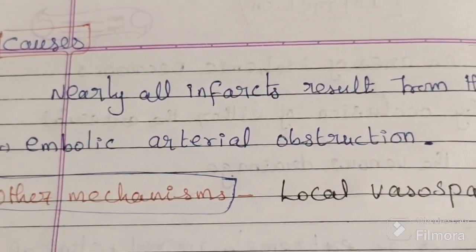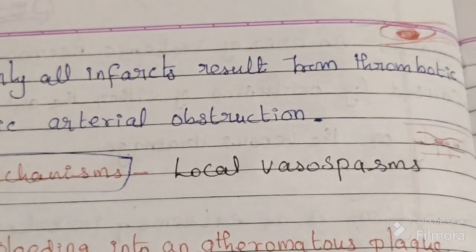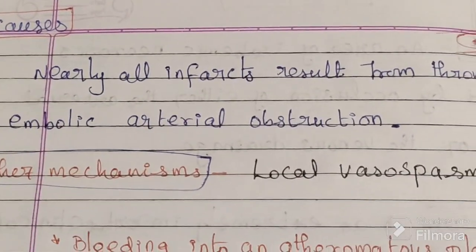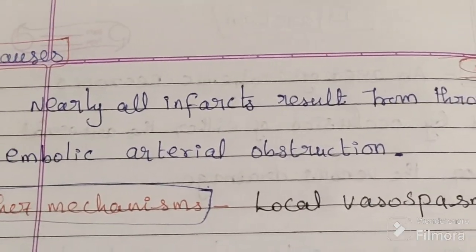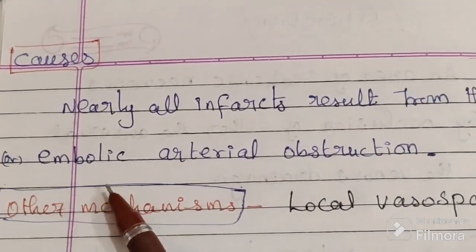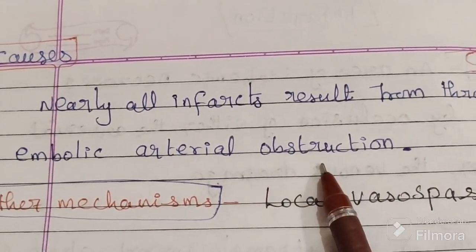Nearly all infarcts result from thrombotic or embolic arterial obstruction.